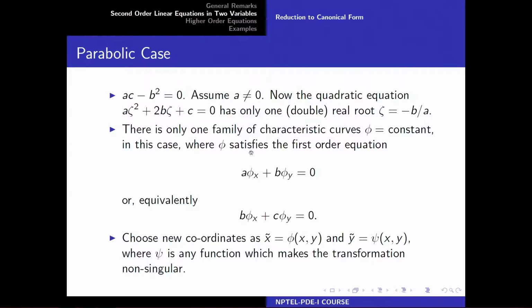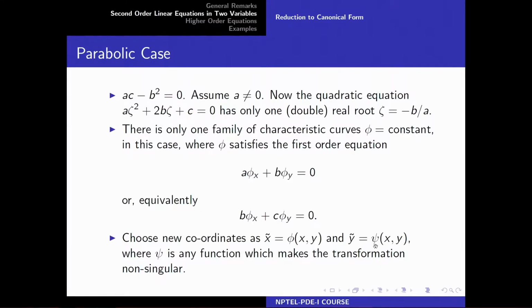And in this case the given PDE has only one family of characteristic curves phi equal to constant, and that phi satisfies now the first order equation again. And because AC equal to b square, this is also equivalent to b phi x plus c phi y equal to 0. Okay.